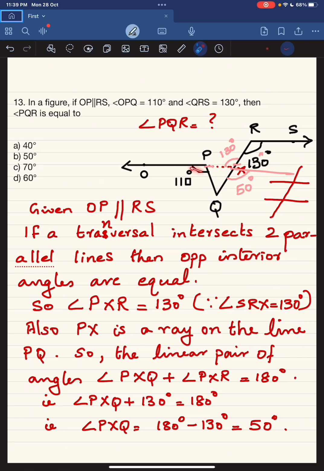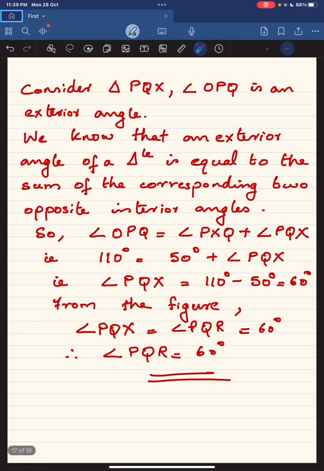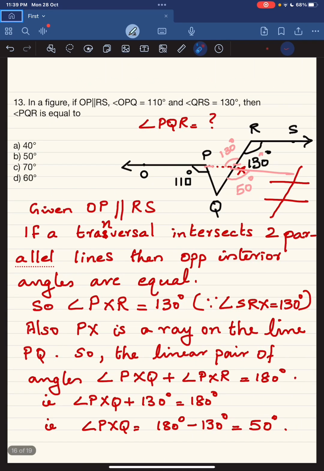By this statement, angle OPQ is equal to angle PQX plus angle PXQ.